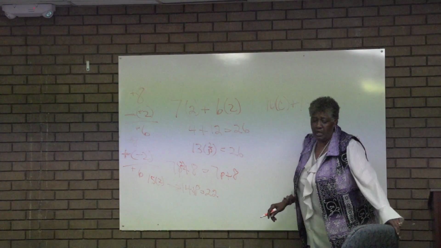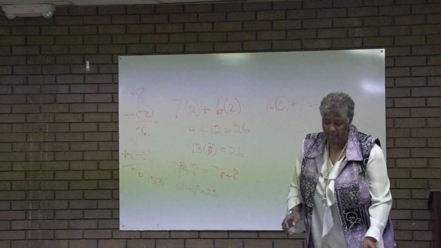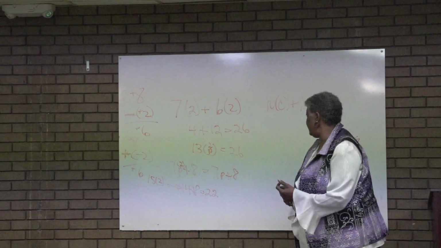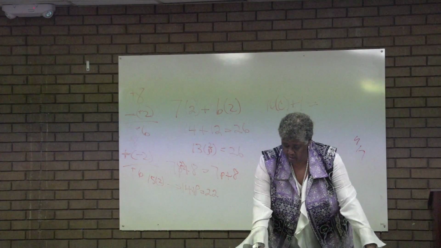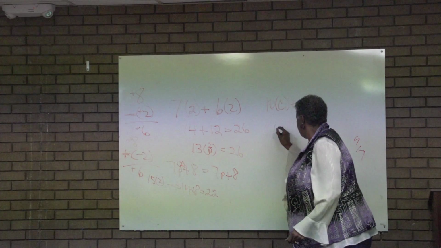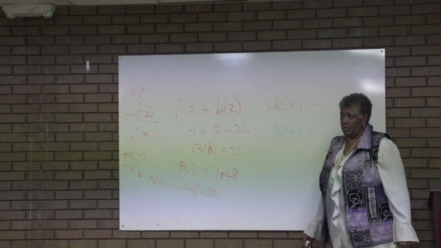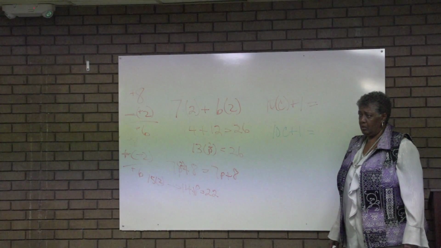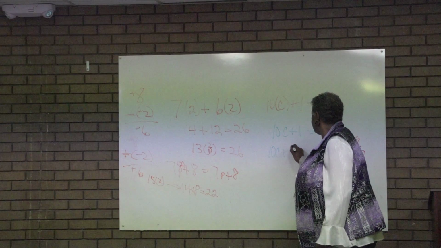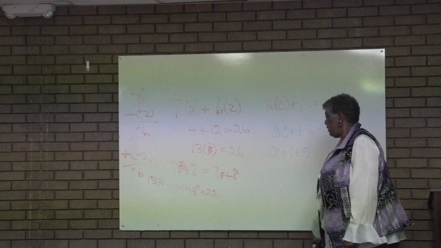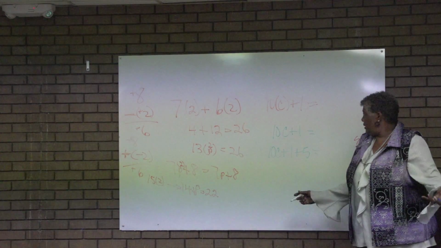Can you tell me what that answer is? What would you say that answer is? 10c plus 1. I would just say that's 10 c's plus 1. Okay, then if I said 10c plus 1 plus 5, what would that be? That would be 10c plus 6.